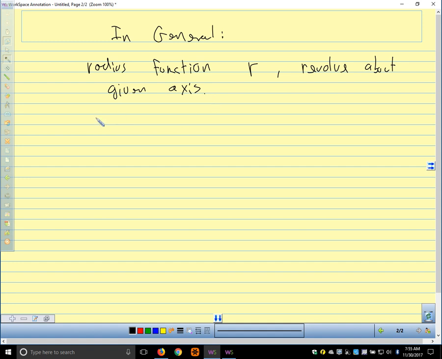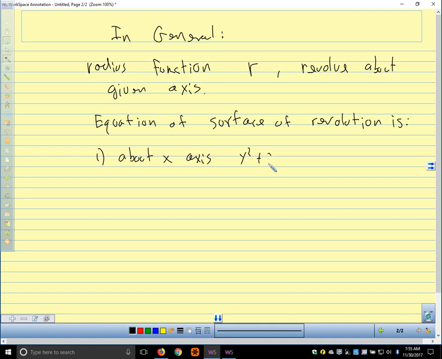So our equation of the surface of revolution is, if we revolve about the x-axis, y squared plus z squared equals r of x squared, our radius as a function of x.